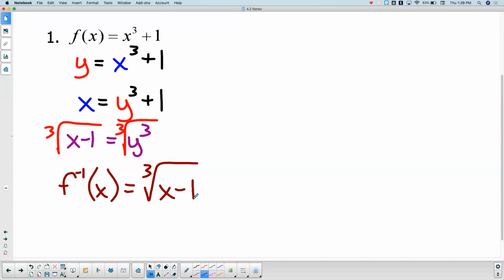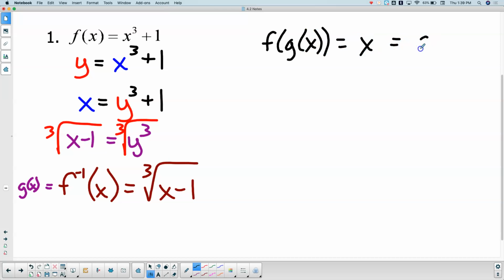Okay, so let's call this one g of x. We've got to show that f of g of x is equal to x, and we also have to show that g of f of x is equal to x.